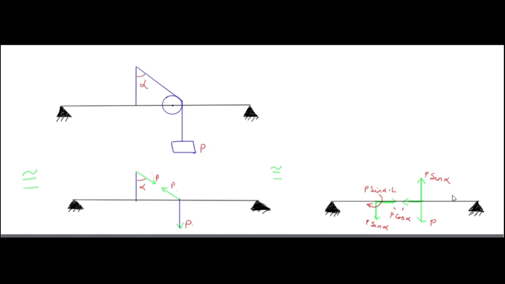If computing from the shear force diagram, at this point you will have P minus P sin alpha acting downwards, and as you keep moving in this direction, you will have the horizontal component P cos alpha. As you reach the second point, this P cos alpha will get nullified by the P cos alpha acting in the opposite direction, and similarly the P sin alpha acting upwards will be nullified by the P sin alpha acting downwards after reaching this point.